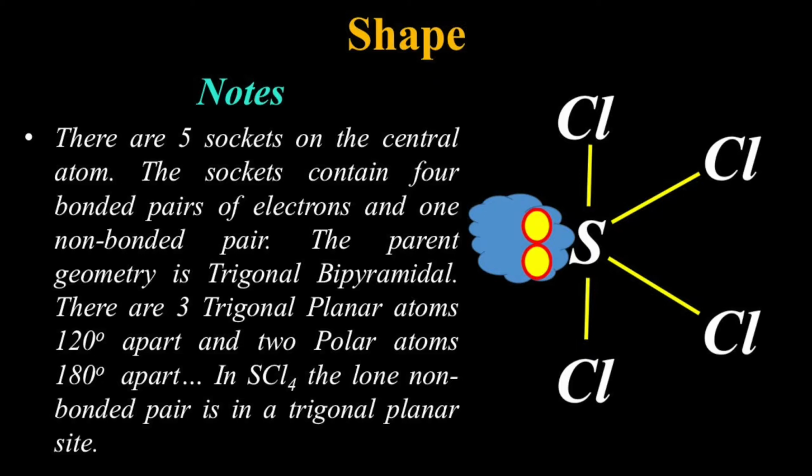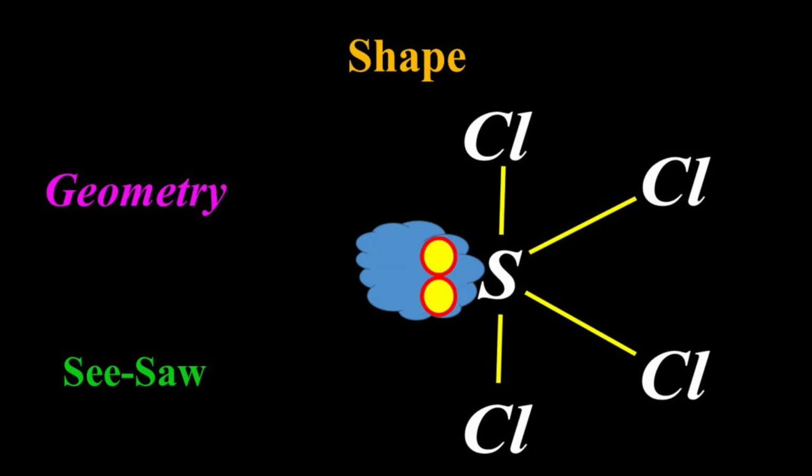There are 3 trigonal pair atoms 120 degrees apart and 2 polar atoms 180 degrees apart. In sulfur tetrachloride, the lone non-bonded pair is in the trigonal planar site. And the geometry is going to be seesaw.